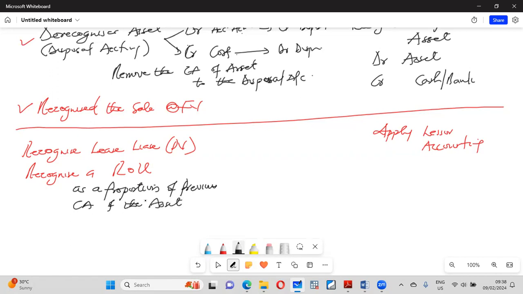Please take note of this part. Of course, we will do an example, the same example I did in the part 1 video. Then I'll bring you the tweaks here.